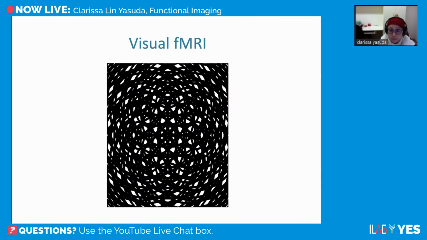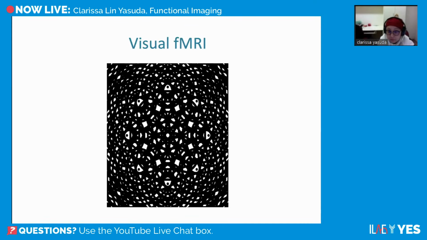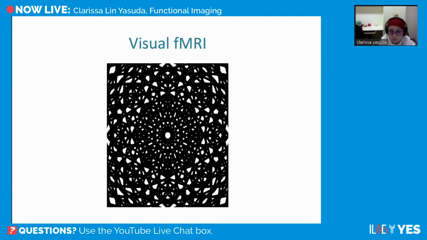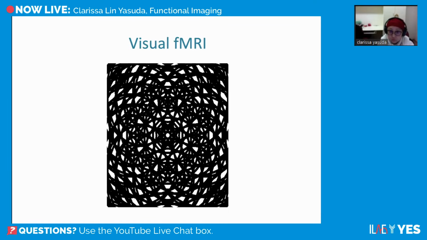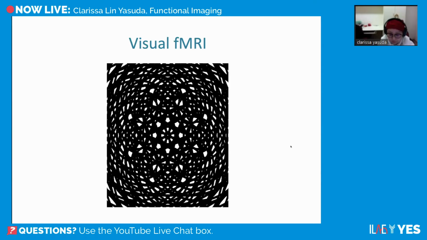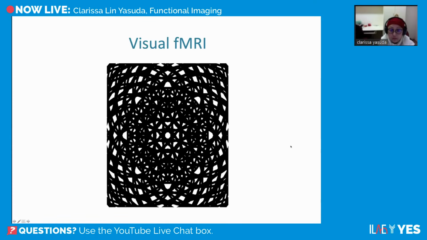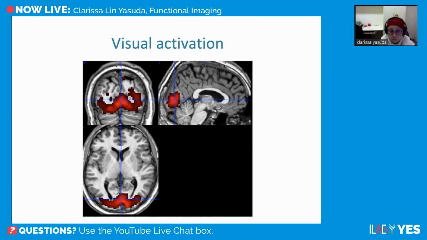And if you are interested in visual fMRI, I showed you a simple example of eyes closed and eyes open, but you can have very strong stimuli like this, okay? And you will get a very strong activation of your occipital area.